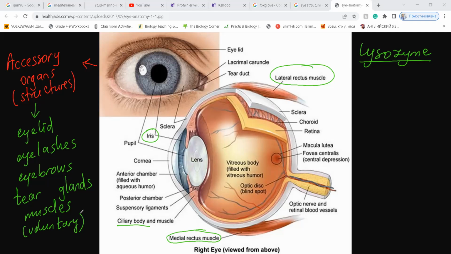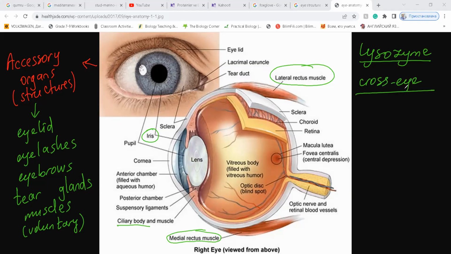Guys, do you know what will happen if there is damage to these voluntary muscles? Which condition will we have? We will be blind? Not always, partially. Cross eyes, guys.